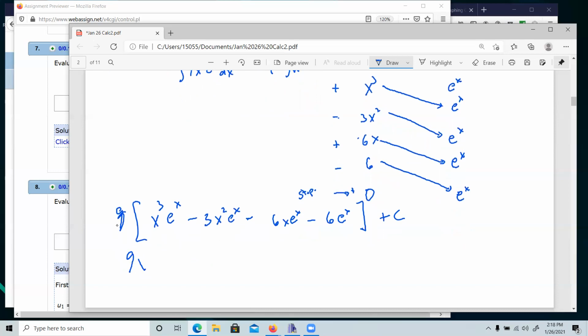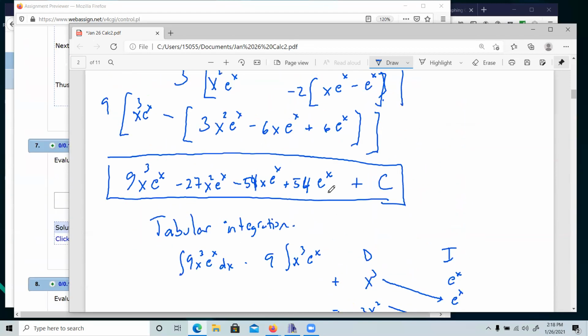So we'd have 9x cubed e to the x minus 27x squared e to the x minus 54x e to the x. I feel like I've messed up a sign here. I think that's better. And then minus 54 e to the x plus c. That should be the same as what I got over here somewhere.